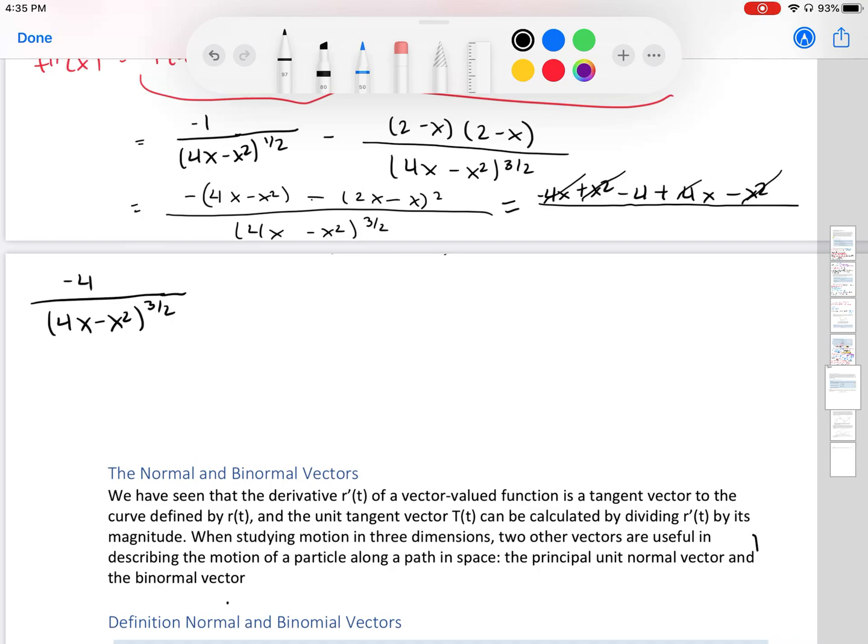Now we can go ahead and apply our formula. k is equal to y double prime over 1 plus y prime squared raised to 3 over 2.